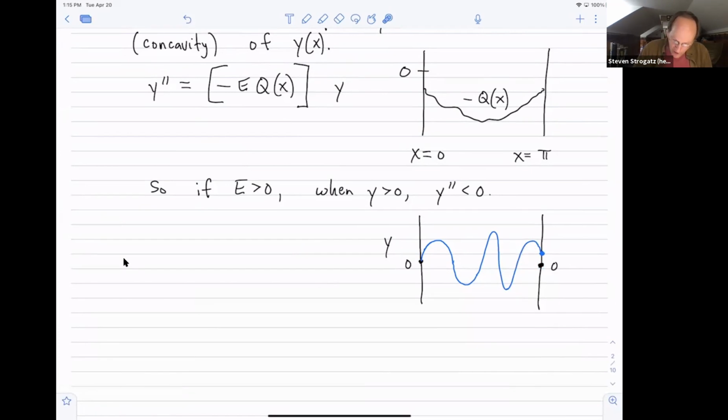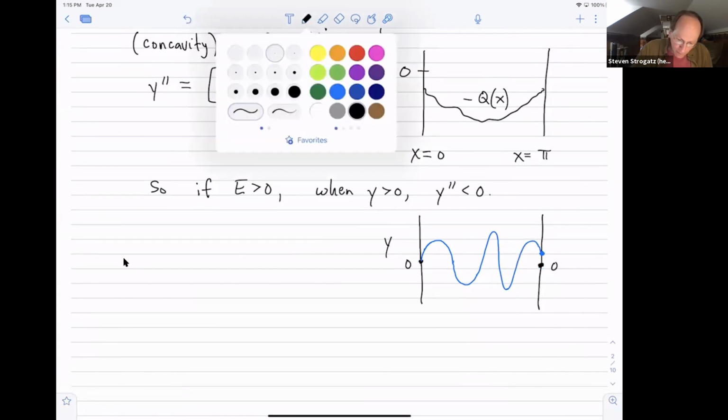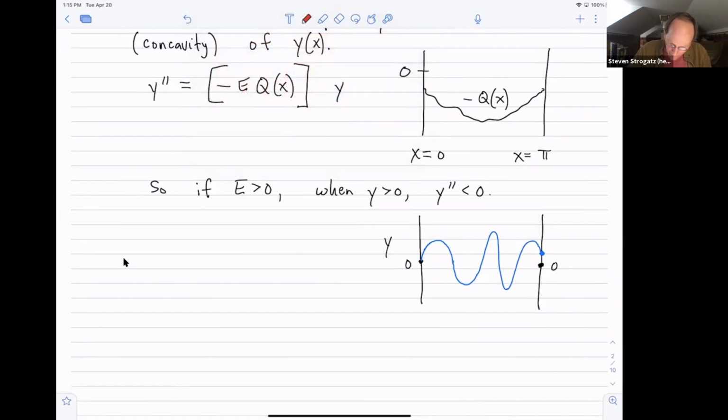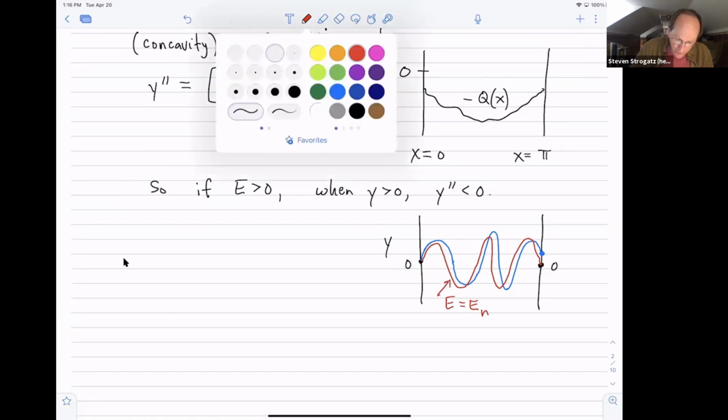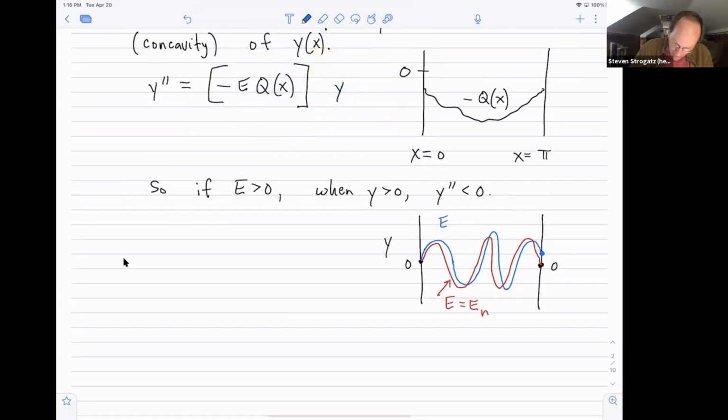So maybe if we increase E slightly, we could get something with a little bit more intense curving, and maybe it would look, I don't know, I'm just making this up, obviously, but maybe it would look sort of like this, bang, and then that one hits. So that was achieved by adjusting the E. That was an E_n, and this was just some E that was too large, or maybe not large enough in this case.